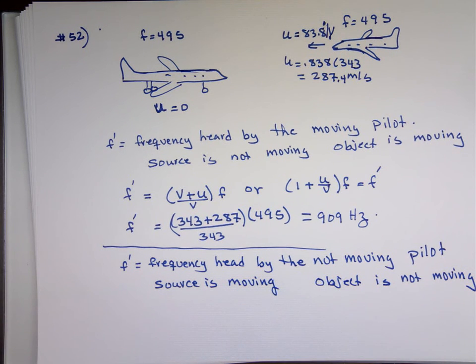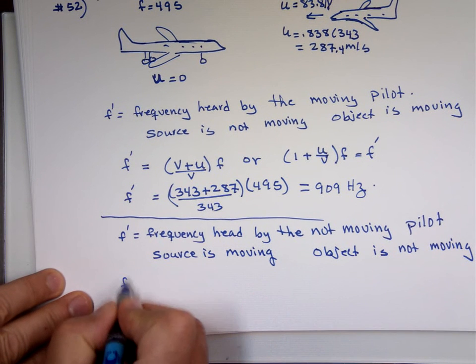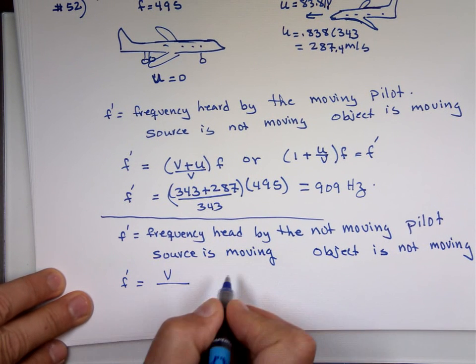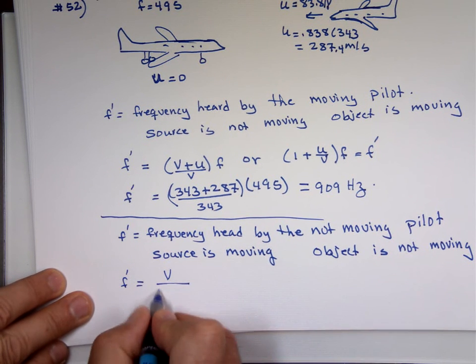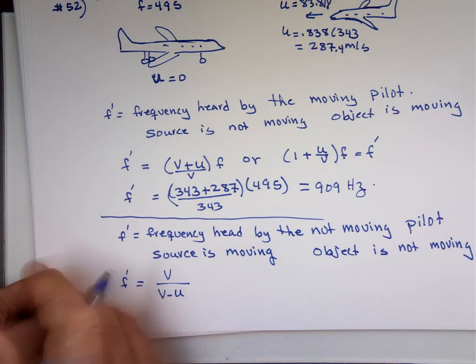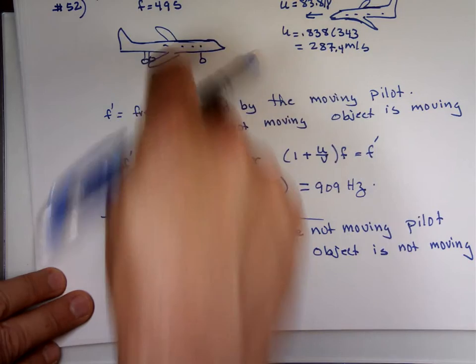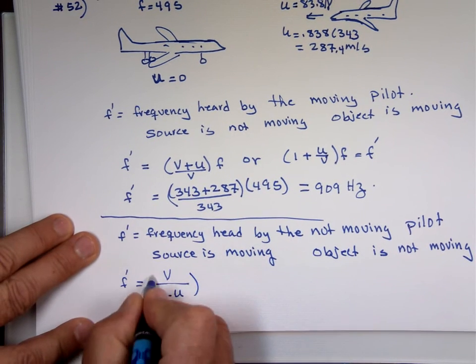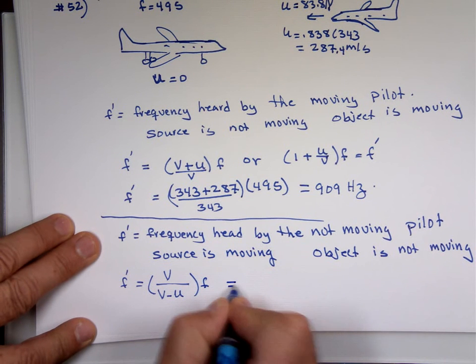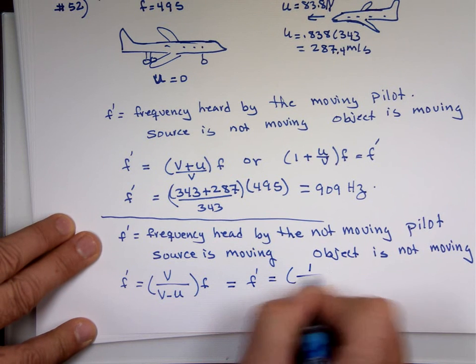So the equation for that, f prime, is going to be v over, since it's coming toward you, v minus u. If it was going away, it would be v plus u. Just like this one, because they're approaching each other, it's a plus. If it was going away, it would be a minus here. Or you might see it looking like 1 over 1 minus u over v in our book. It doesn't really matter which way.